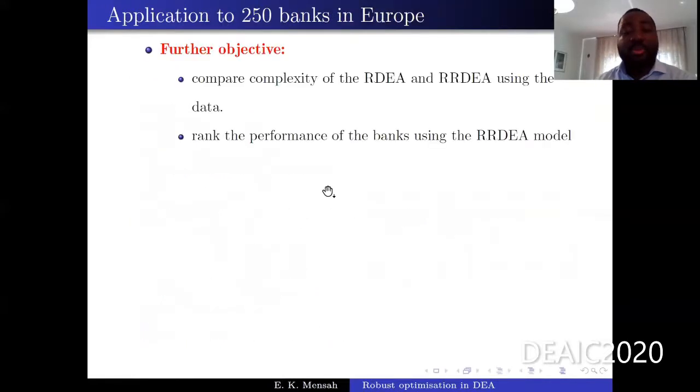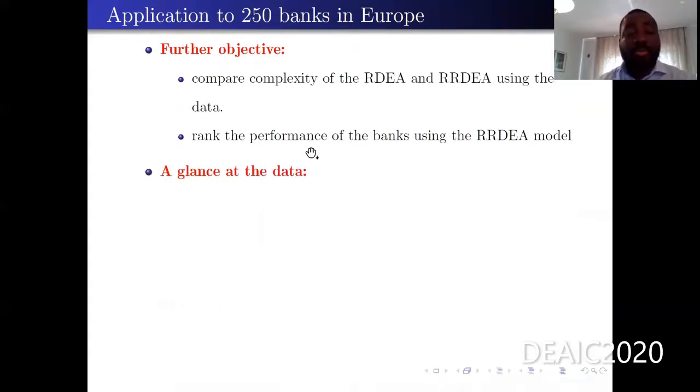Now let's look at an application of our approach to 250 banks in Europe. The objective here is to compare the complexity of the robust DEA and the reduced robust DEA using this data, and also we try to rank the performance of the banks using the robust reduced counterpart DEA model.